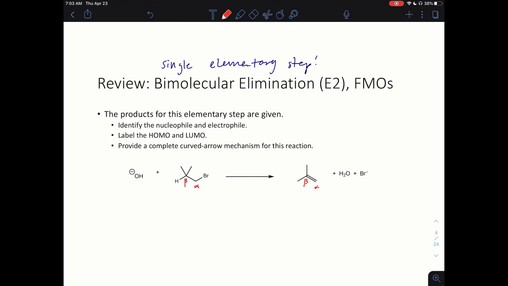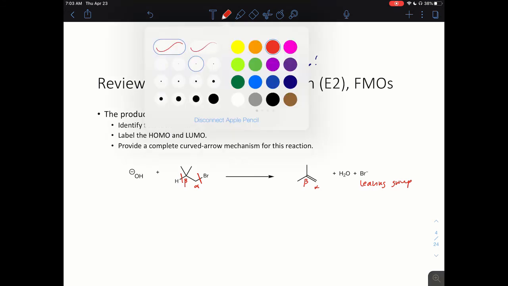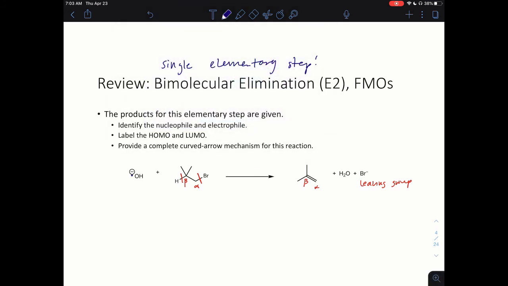Let's think about what bonds are made and broken. The beta carbon-hydrogen bond is clearly gone, and the carbon-bromine bond is gone. We have bromide as a leaving group. And it looks like this hydrogen is in water now. All right, so let's draw the curved arrows. We're going to have a lone pair on hydroxide, which is acting as a base, accept the proton from the beta carbon.